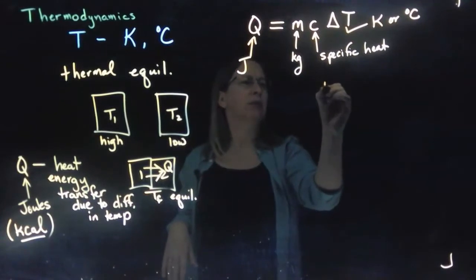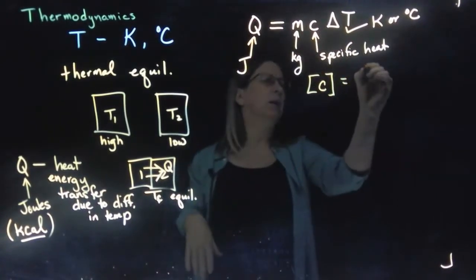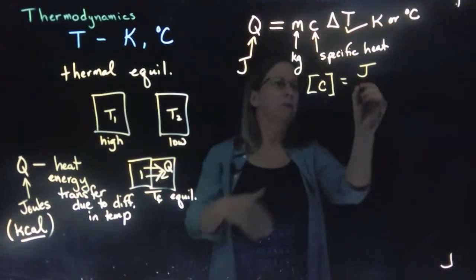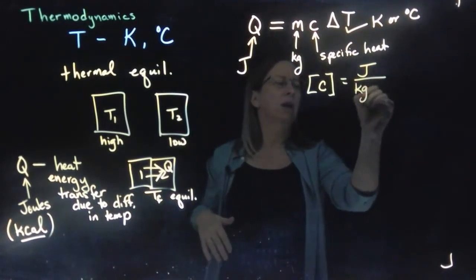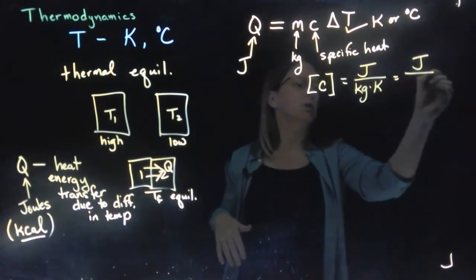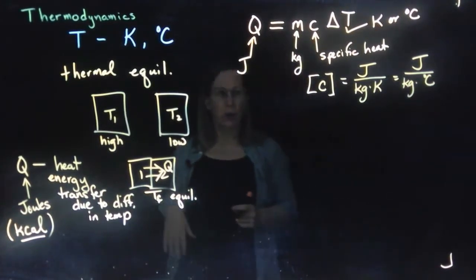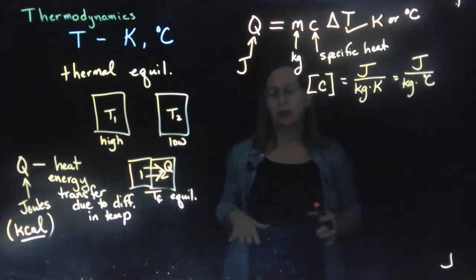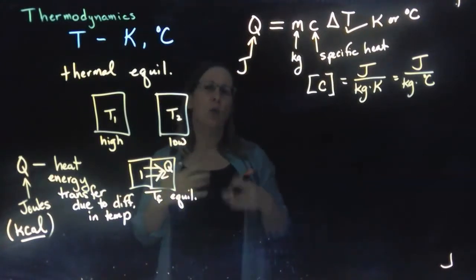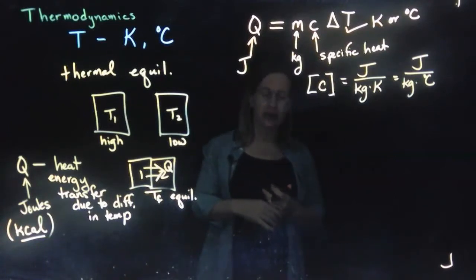So the units of my specific heat had better be joules per kilogram Kelvin, or joules per kilogram degrees Celsius. Okay, so that's the specific heat. That's a way to measure how hard or easy it is to change the temperature of something.